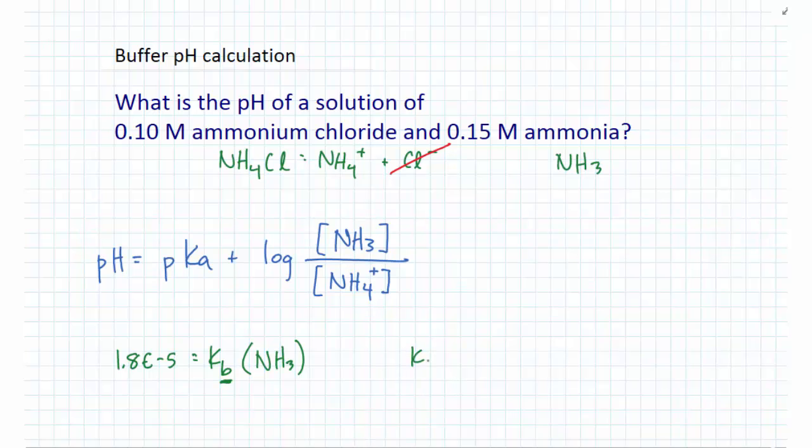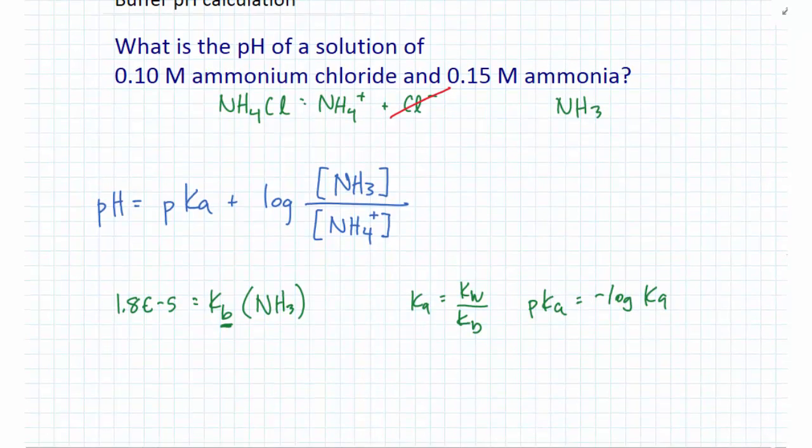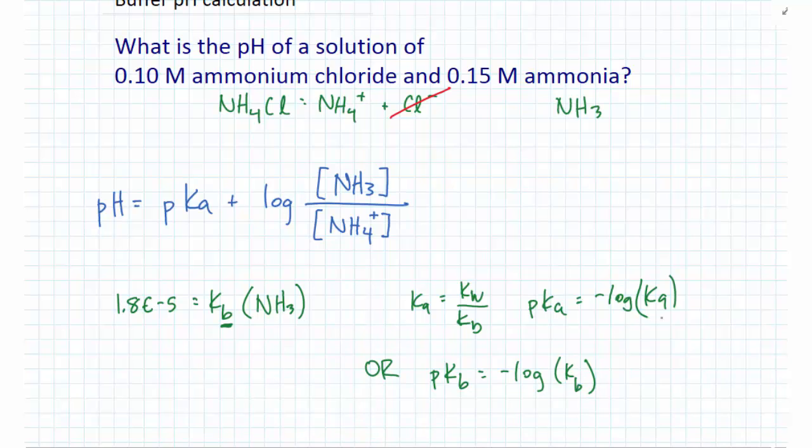You could do Ka is Kw over Kb, pKa is negative log Ka, or you could do pKb is negative log of Kb, and pKa is 14 minus pKb.